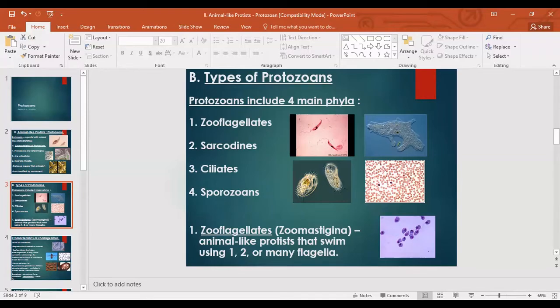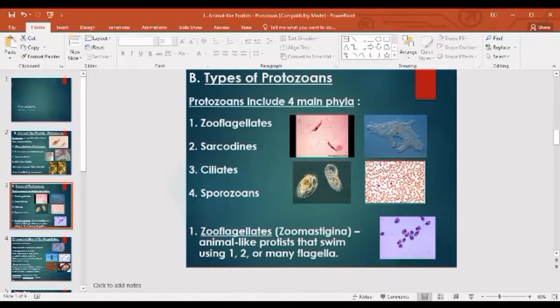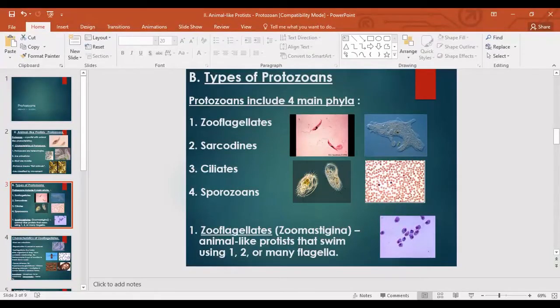But with dengue, Plasmodium vivax. Plasmodium species are the deadly ones.